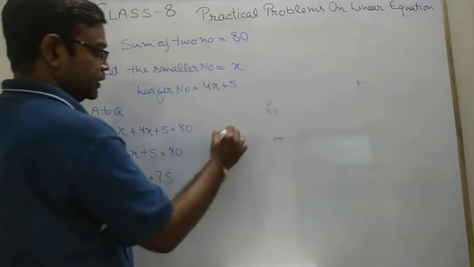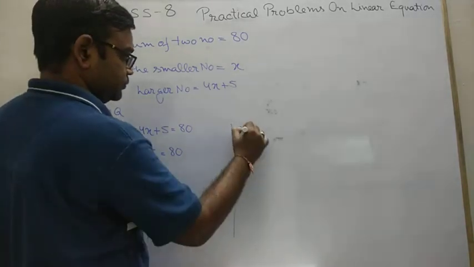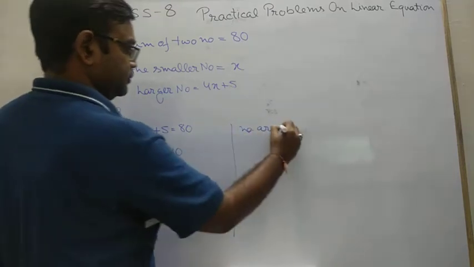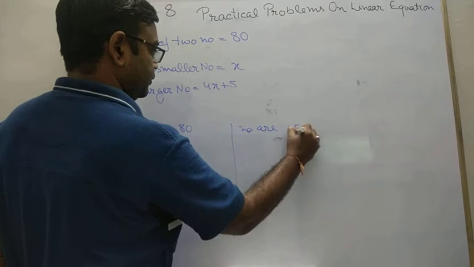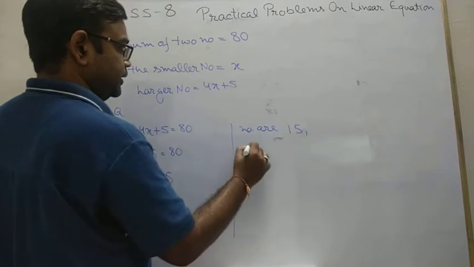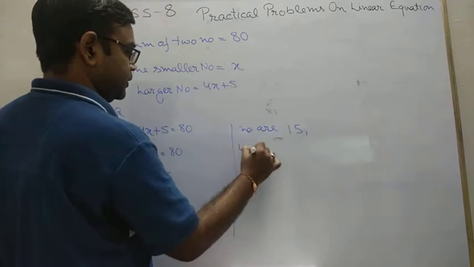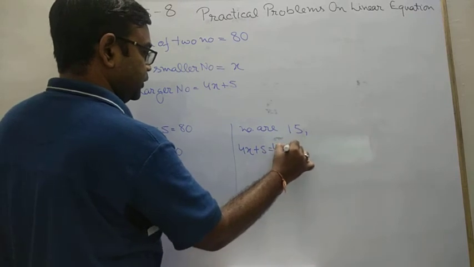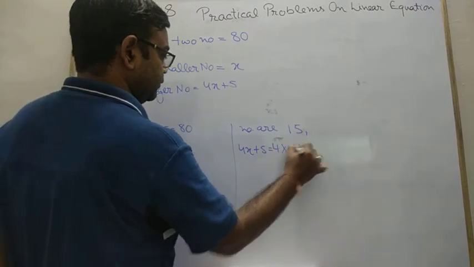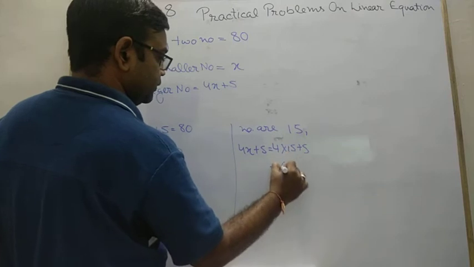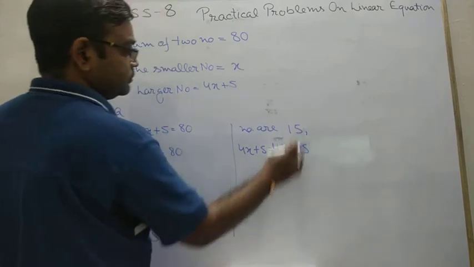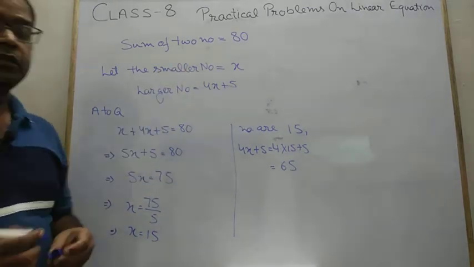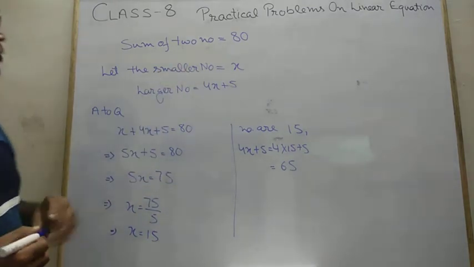So the numbers are, the first number is 15 and the second number is 4x plus 5, which is 4 into 15 plus 5, which is 60 plus 5, 65. And see the sum, this plus this equals 80. Likewise, you can cross check the question. So I think this one is clear.